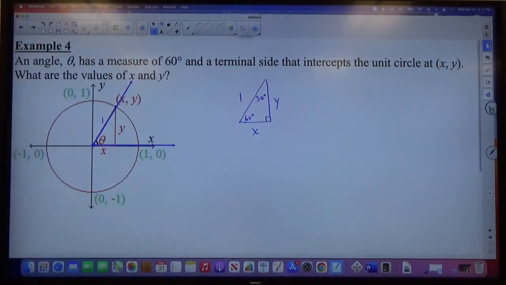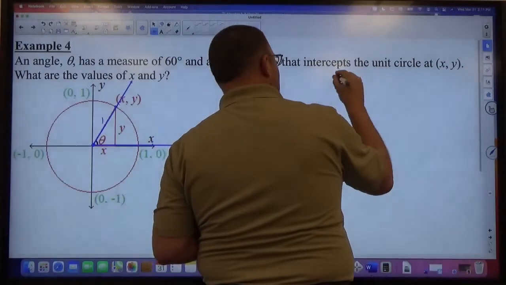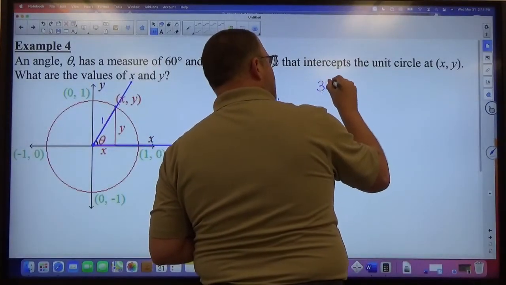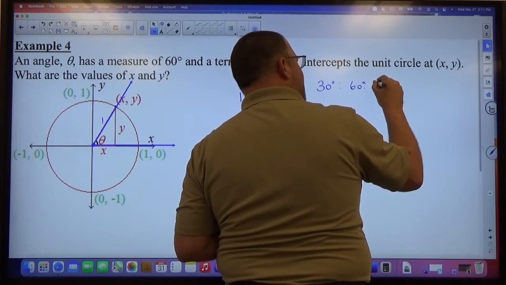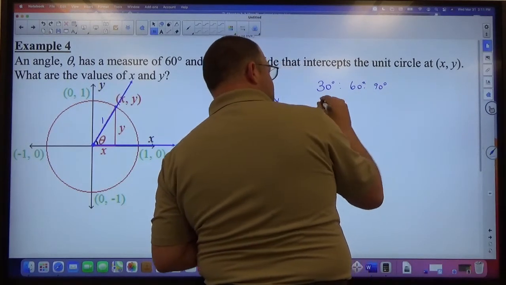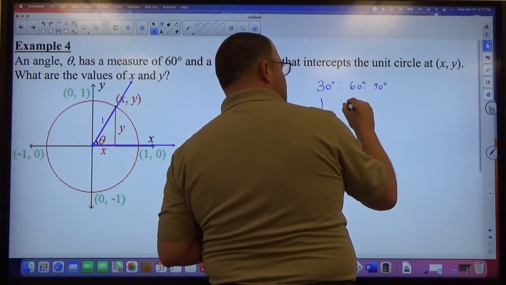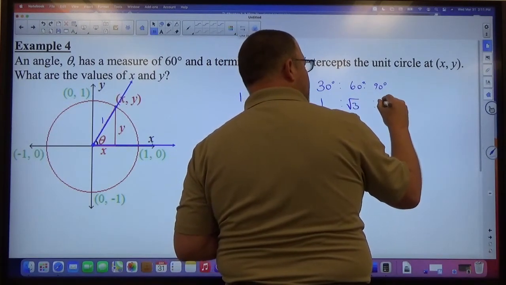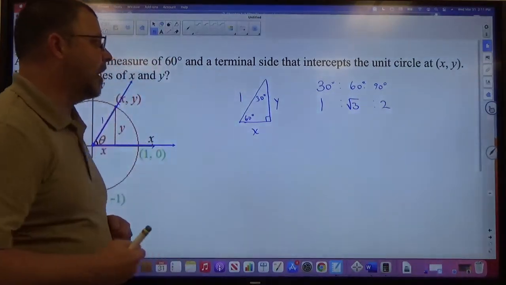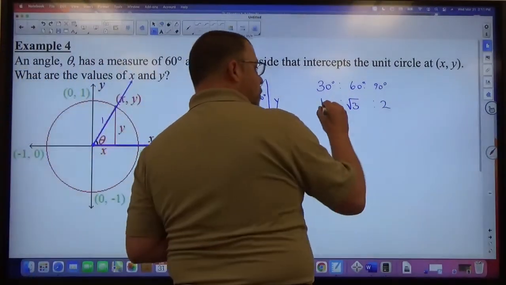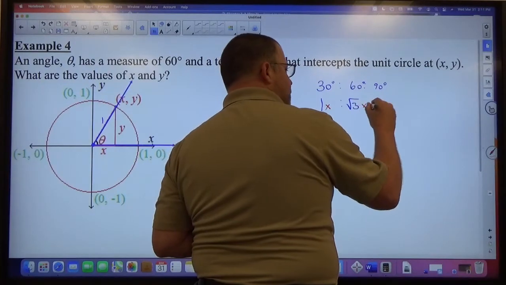If you recall from a few days ago, we talked about 30, 60, 90 right triangles in addition to 45, 45, 90 right triangles. They have relationships, right? The ratio of sides in a 30, 60, 90 triangle is 1 to the square root of 3 to 2. That's the ratio of sides in a 30, 60, 90. What I told you to do was put an x, put an x, put an x.